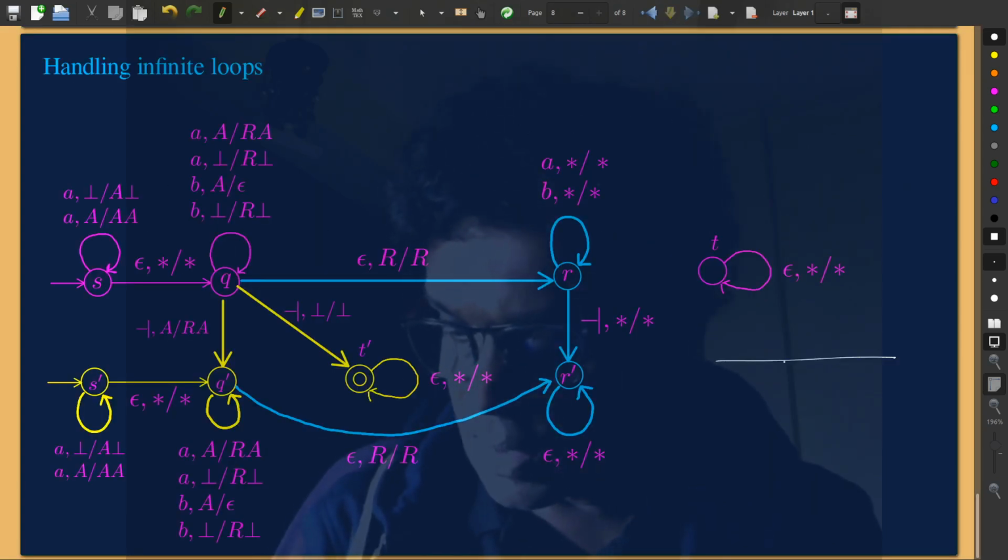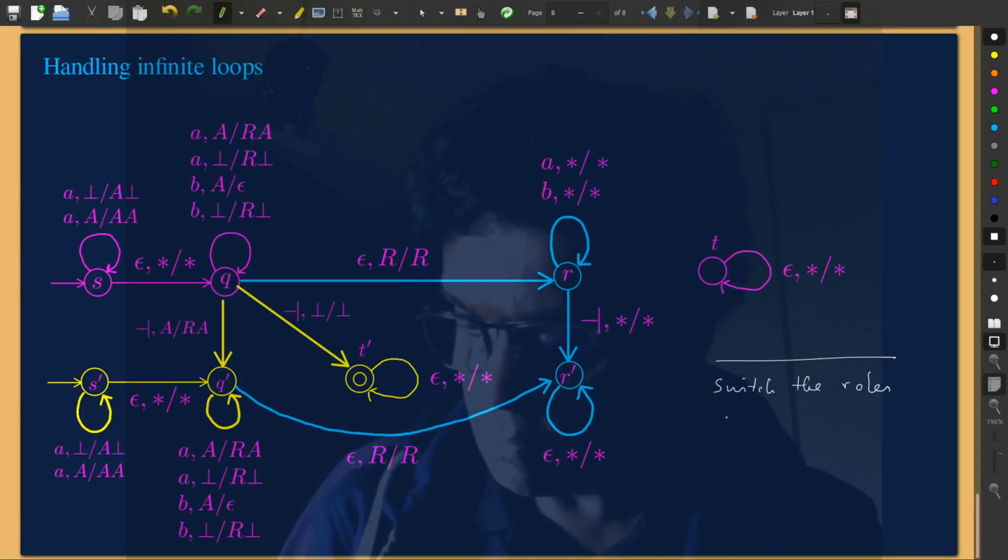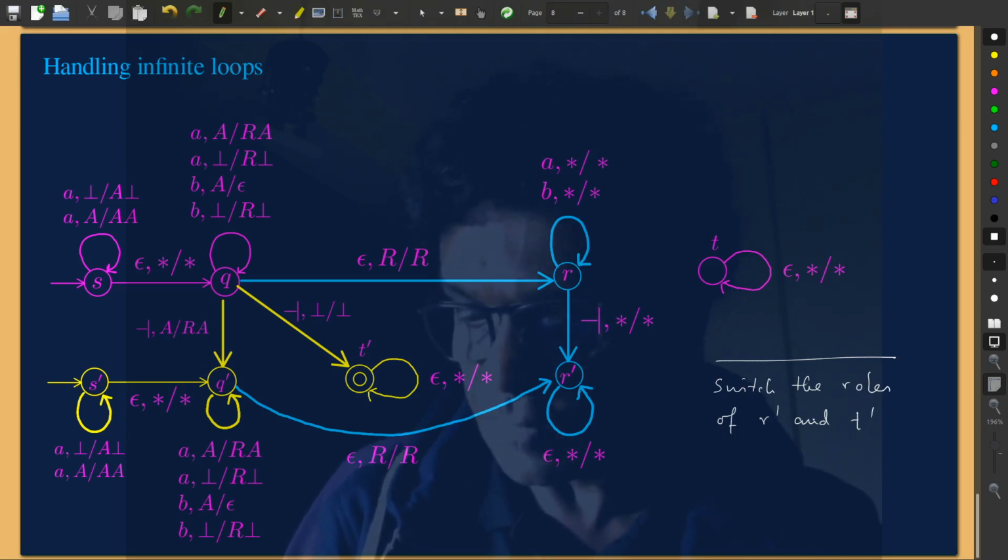Okay. So after all this, switch the roles of R prime and T prime. So this is an explicit reject state. This is an explicit accept state. Looping is allowed only here and here. Looping here means, of course, infinite looping.